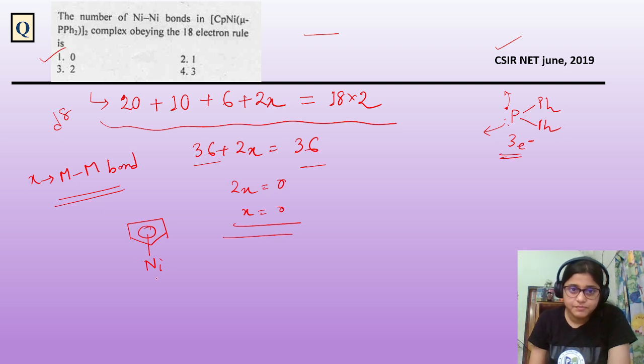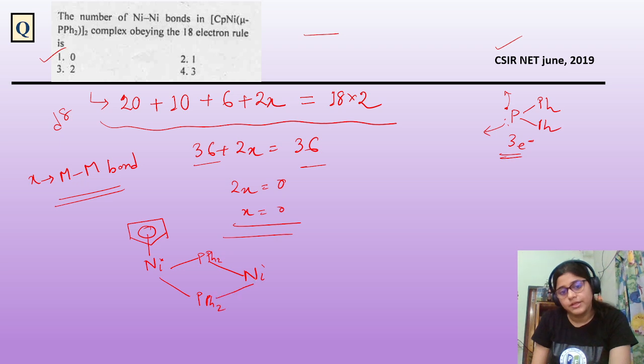Only Cp is there, one Cp for each Ni, and two μ-PPh2 are given. Each PPh2 is bonded to 2 nickel, and here 1 Cp ring is again present.